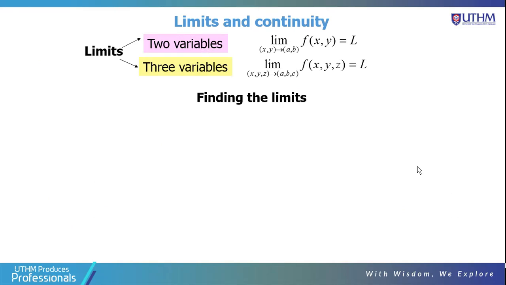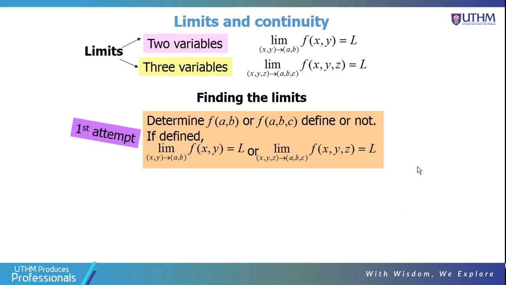In words, the limit exists when the point is defined or not defined. First we determine whether the function is defined or not. If defined, we know the value at that point.